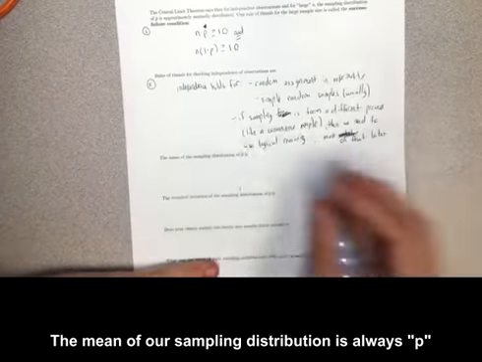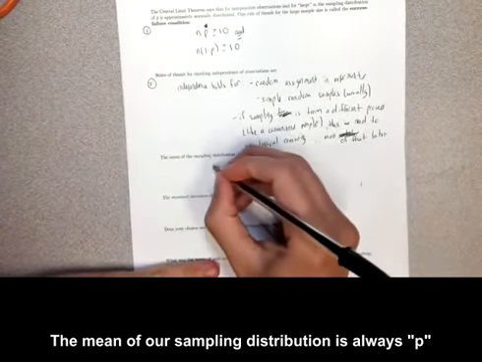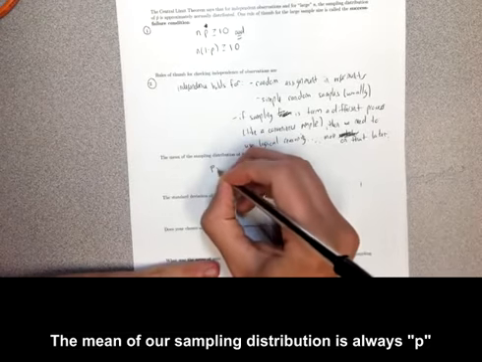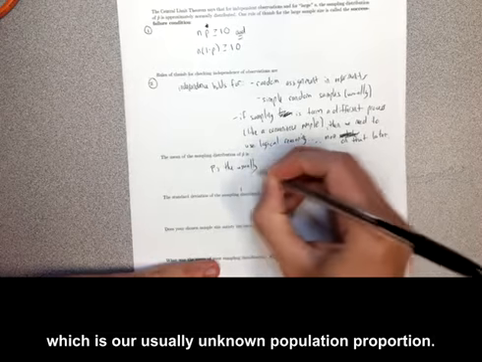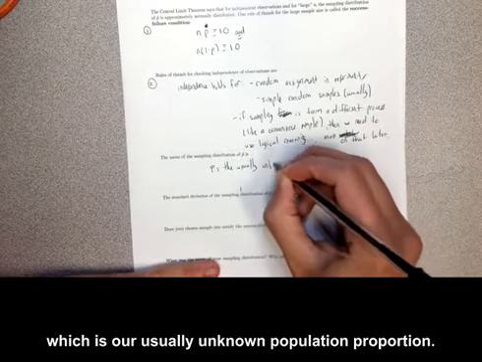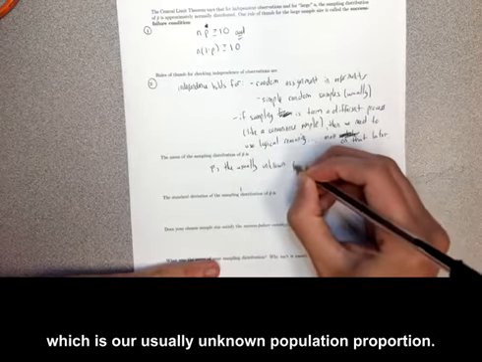The mean of our sampling distribution is always p, which is the usually unknown population proportion.